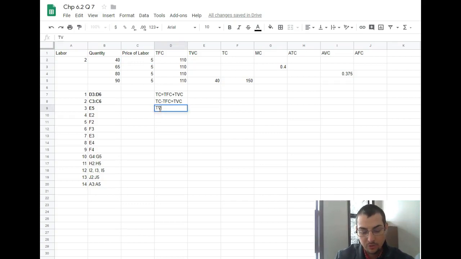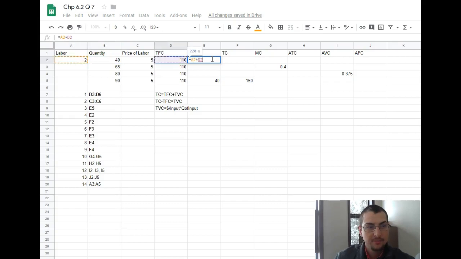If you remember, total variable cost is also equal to the price per input times the quantity of input. We know that we're using 2 units of labor and the price is $5 per unit. So we can calculate that, labor times the price per labor.